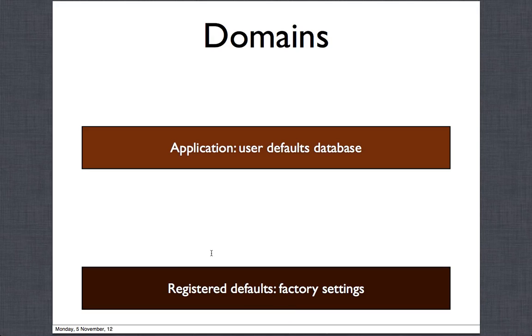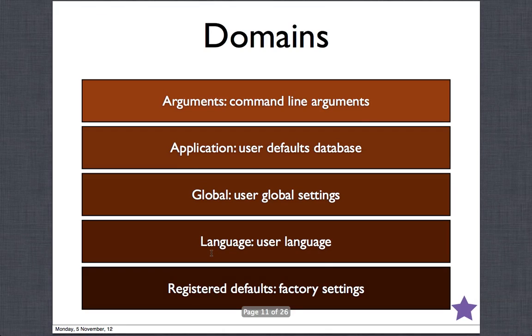Okay, so I told you before that there are only two layers: there are factory settings and there are user settings. And anytime you set something at the user level, it overrides the factory settings. This is true, but it is not the whole truth. There are actually more layers, or we call them domains. There are actually five layers.